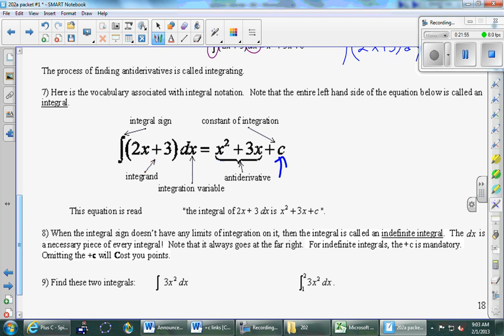And then, as Cole had pointed out before, we stick on this plus c to be very general, because there's some unknown constant that could have been out there, and there's no way for us to figure out what it was. If you wanted to read that whole equation out loud, the integral of 2x plus 3 dx equals x squared plus 3x plus c.